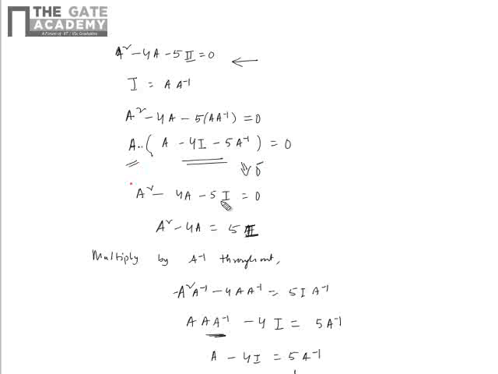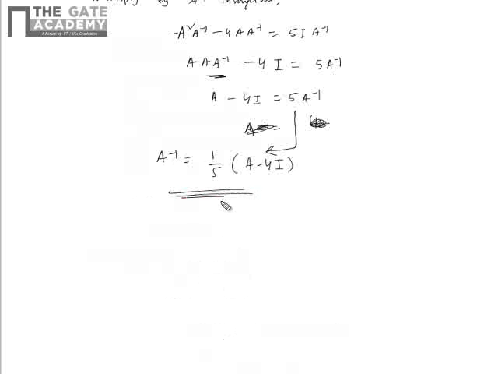So this is one proof, and the other proof is this. The basic point, as I told you in the applications of the Cayley-Hamilton theorem, is that you can easily evaluate A inverse. You can express A inverse in the powers of A or A square. But here A inverse is purely just A, subtract 4i, and multiply by 1 by 5.